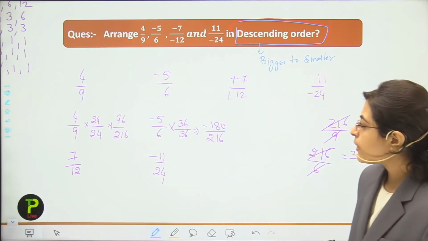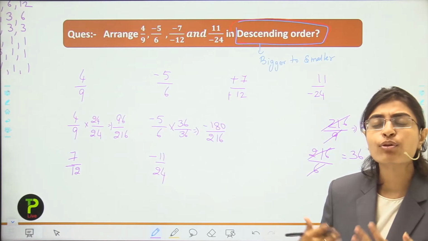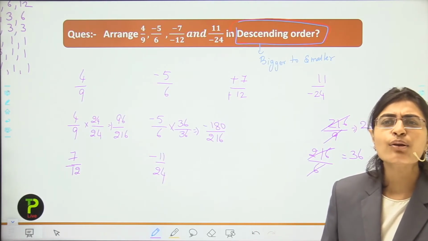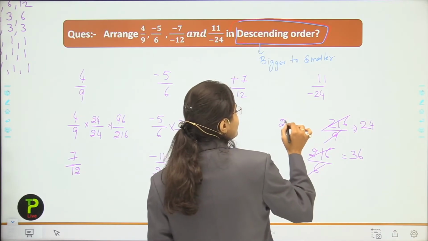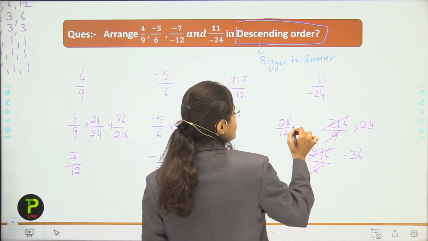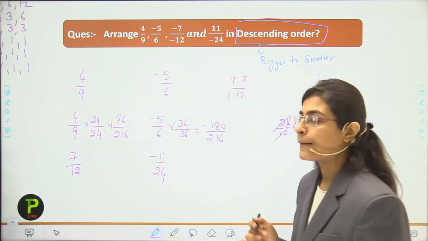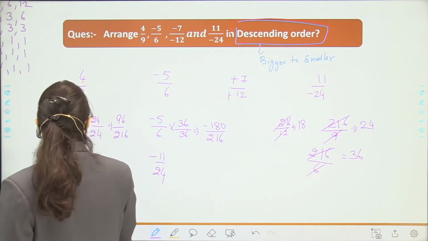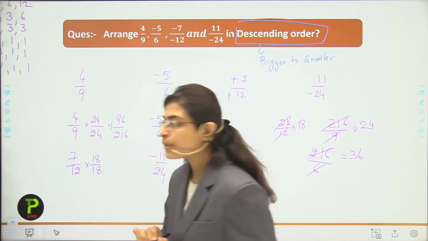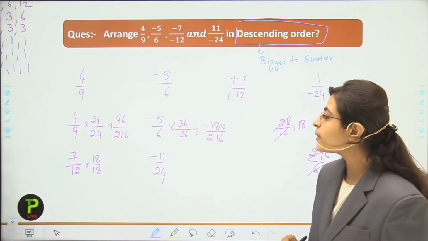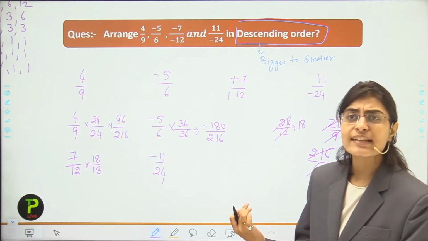Now 12. What should I multiply 12 with so that I could get 216? We'll just simply divide 216 by 12. 12 8s are 96, so it will be 18. So multiply 18 to the numerator and denominator. 18 into 7 is 126.